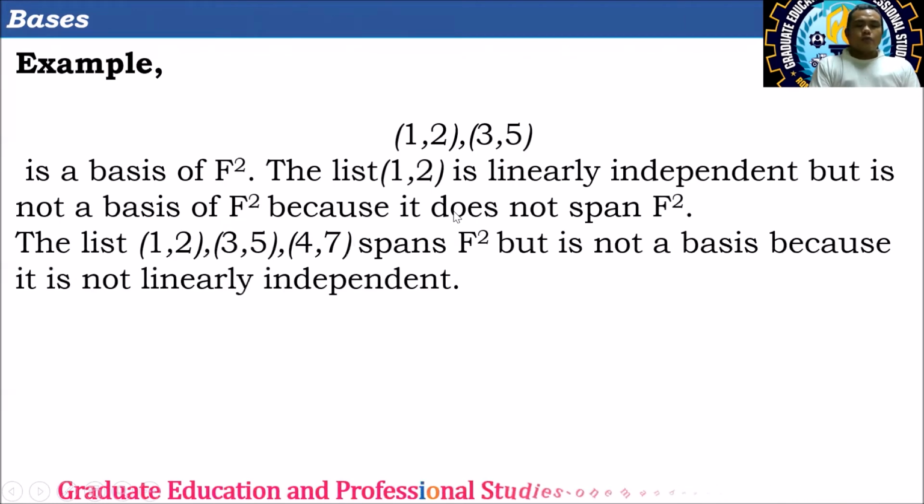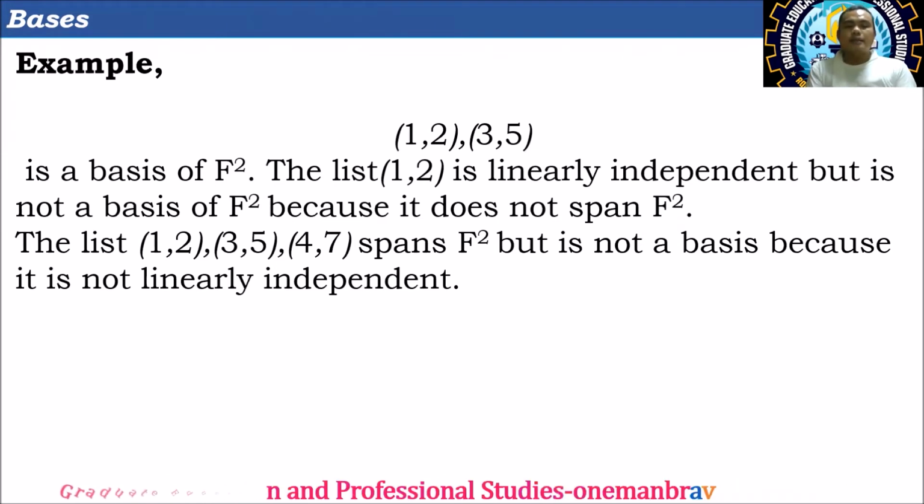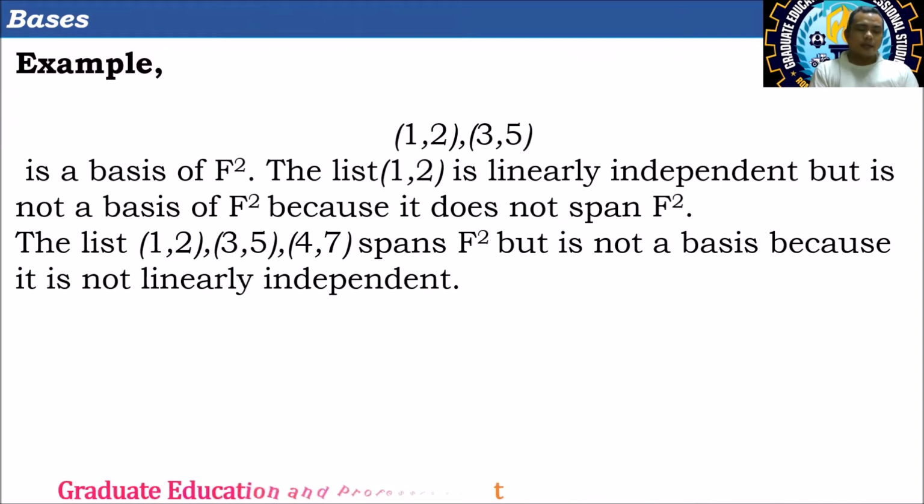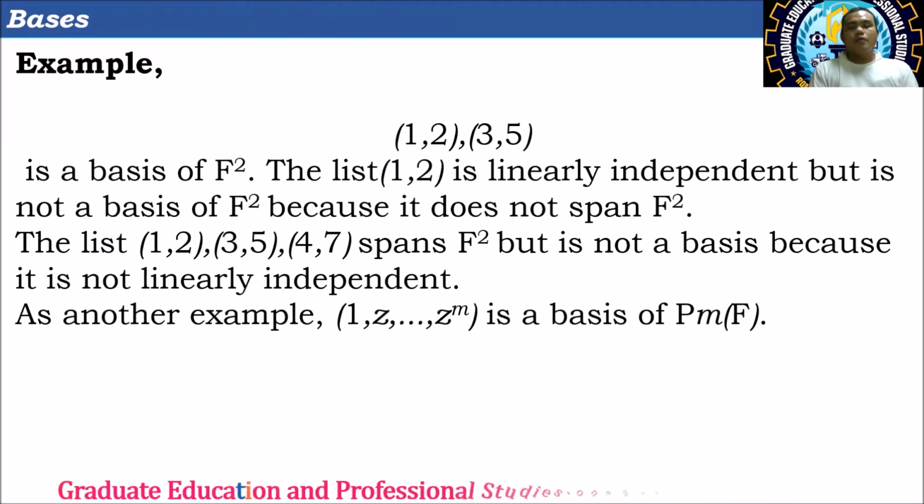So the list (1, 2), (3, 5), (4, 7) spans F2. But it's not a basis because it is not linearly independent. Yun naman ang pinagkaiba. As another example, 1, z, ..., z^m is a basis of Pm(F).